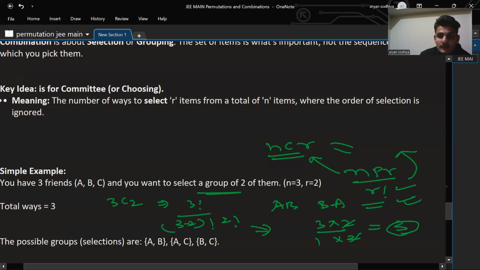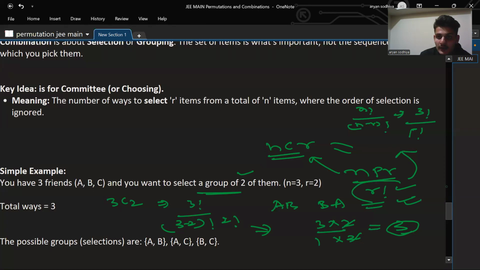Let's use this one to confirm whether they mean the same thing or not. Like n factorial upon (n minus r) factorial. This is nPr. So n comes to be 3 and r is 2 here. 3 minus 2 is 1. So this comes to be 3 factorial, and it needs to be divided by r factorial.